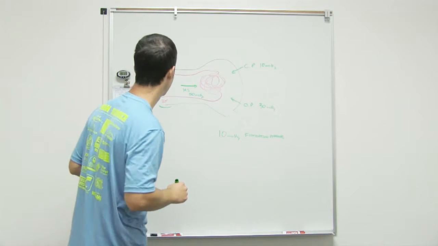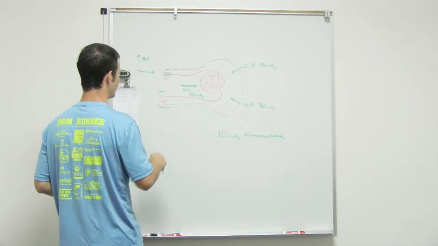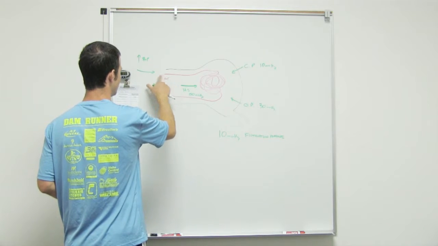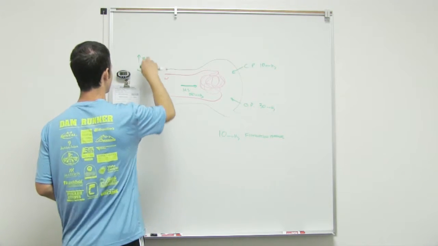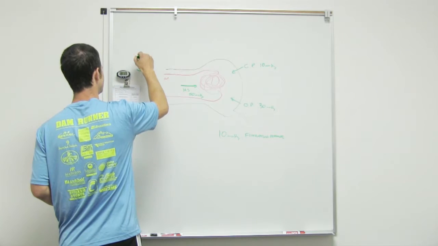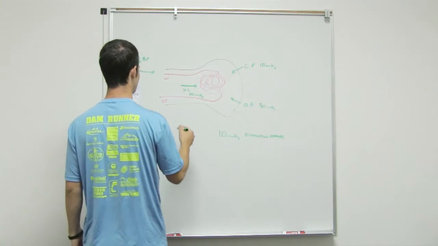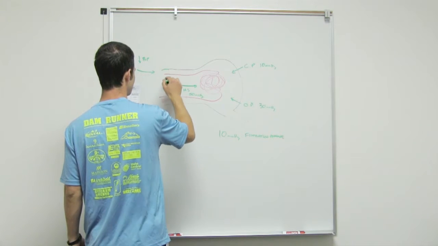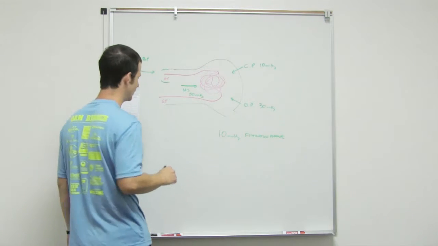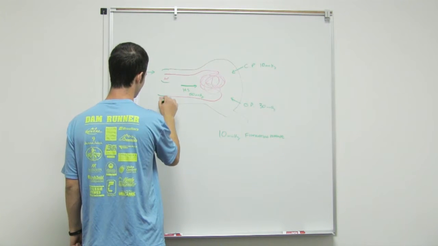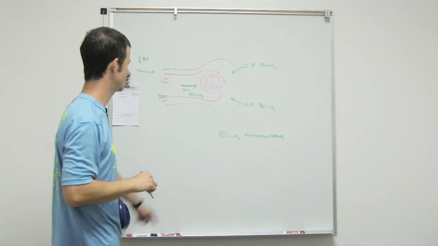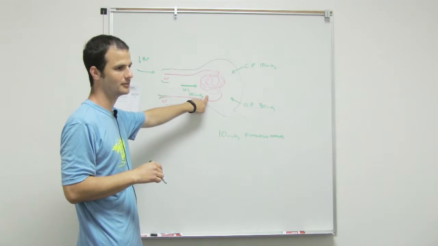If it's the opposite, let's say your blood pressure drops, and so this pressure would drop too. What would happen is dilation of the afferent and then constriction of the efferent to bring up the pressure within the glomerulus.